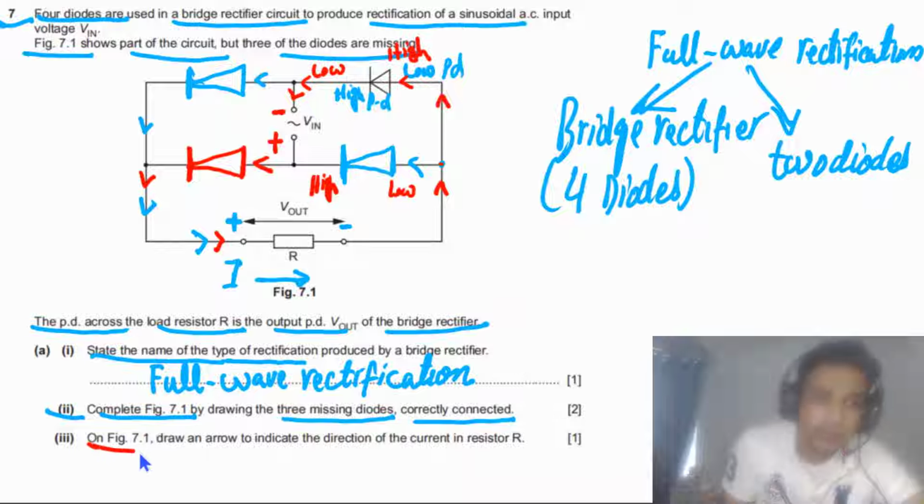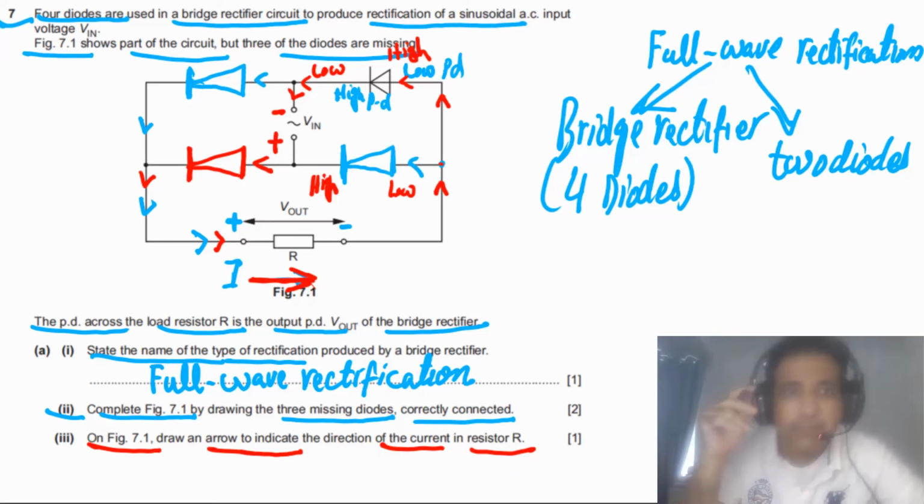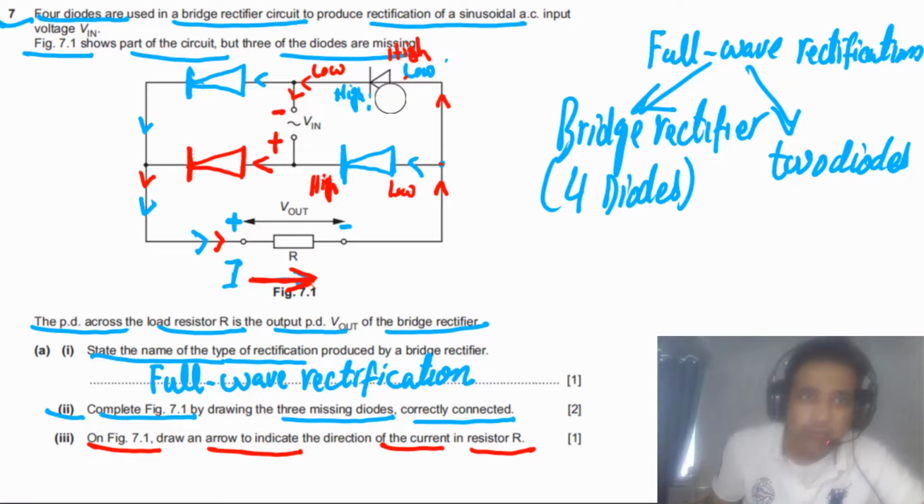For the third part on figure 7.1, we need to draw an arrow to indicate the direction of the current in resistor capital R. So the arrow we have already drawn, so this arrow simply you need to draw. Let me explain one important point. I have written here low PD and high PD, but it is better to say high potential and low potential, because PD is the potential difference across any component.